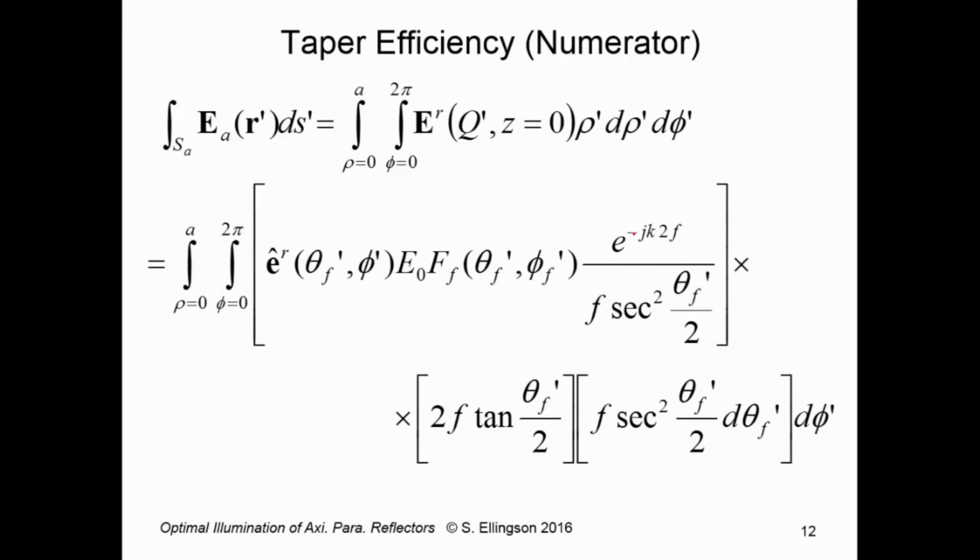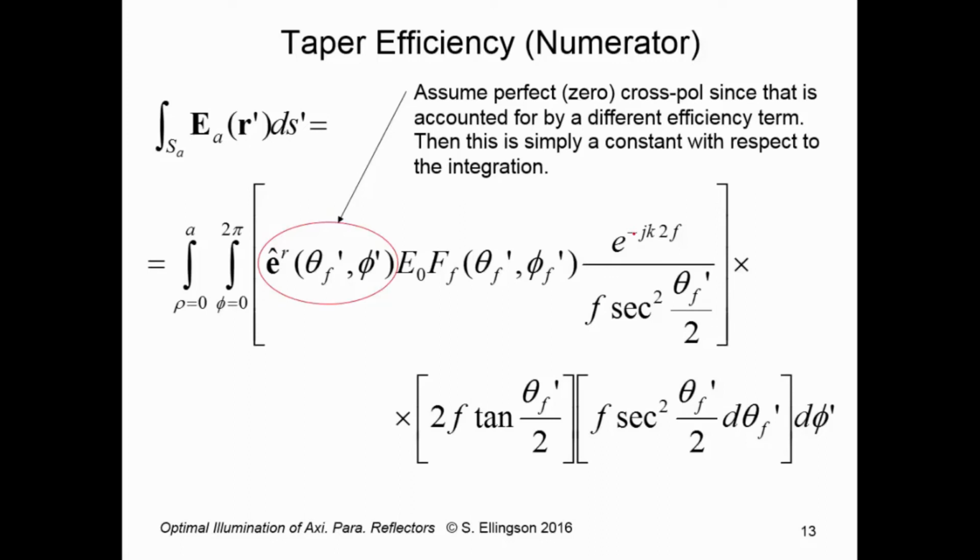It looks rather complicated, but it's going to simplify here. First, we're going to ignore this unit vector. The reason we're going to do that is we're going to make the assumption that we get perfect cross pol. Now, we don't really have the right to assume that, and most practical feeds will not deliver that. There is a feed that can deliver that. We'll discuss that type of feed in a later lecture.